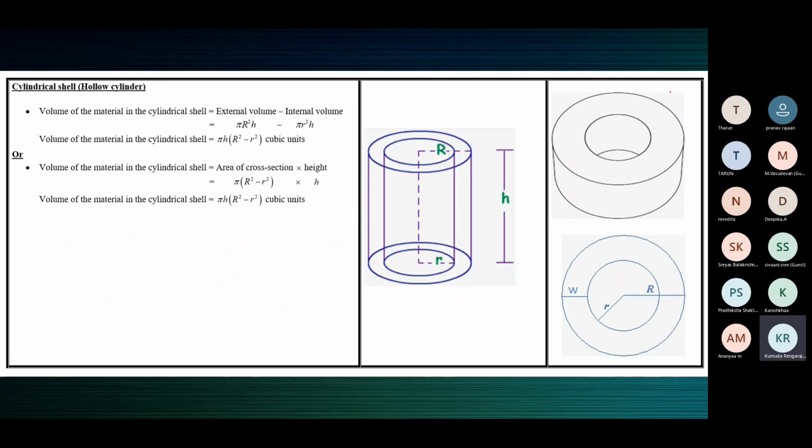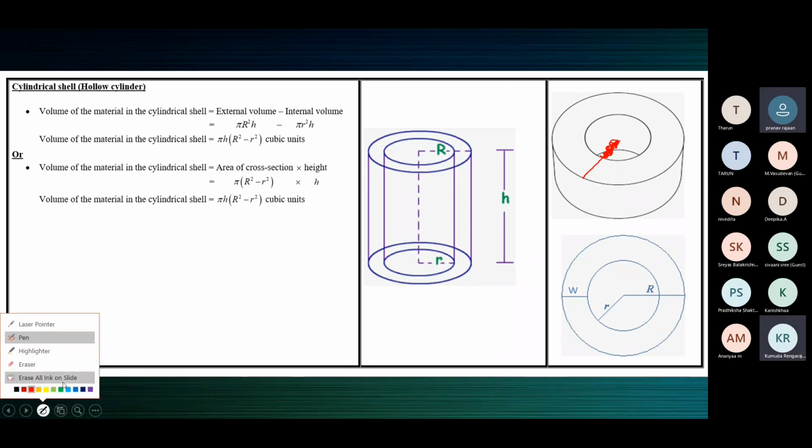Now, supposing you have capital R. From capital R, if you subtract small r, that is you're removing the small r, this is not there. What are you left with? Ma'am, capital R. No. I'll show you again.